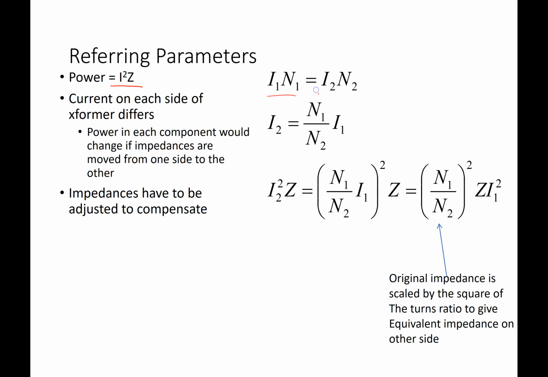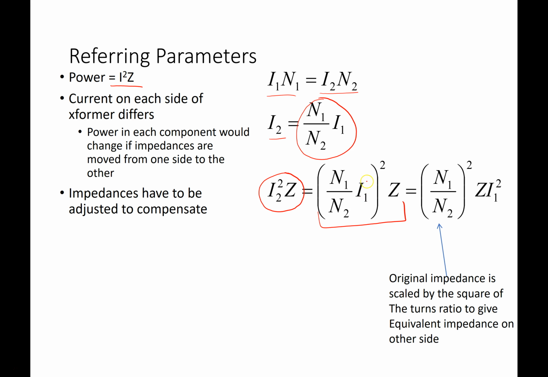So we know I1N1 is equal to I2N2, so that I2 is equal to N1 on N2 by I1. Now if we have on the secondary side a component Z, then the power dissipation there would be I2 squared Z. And we could substitute this for I1, and we will get N1 on N2 by I1 squared Z. So this is the power dissipation of the component in terms of I1.